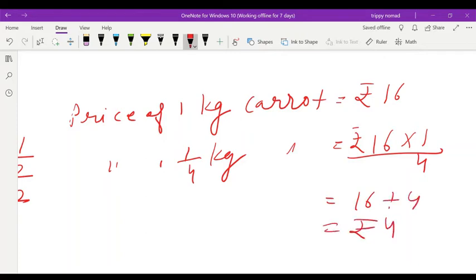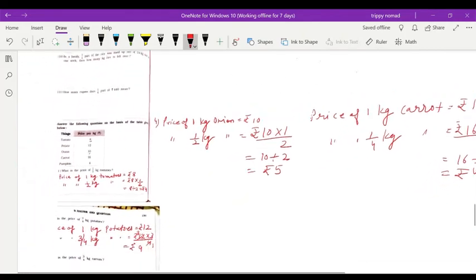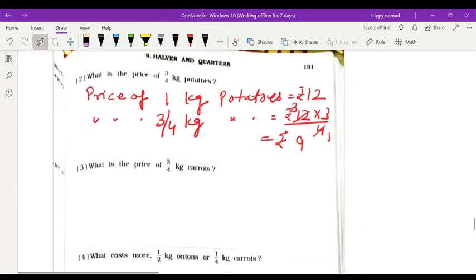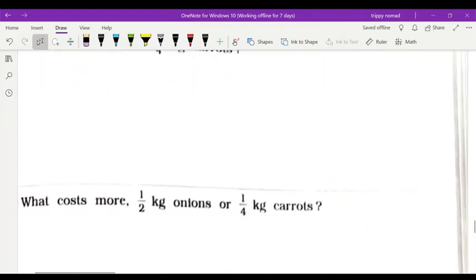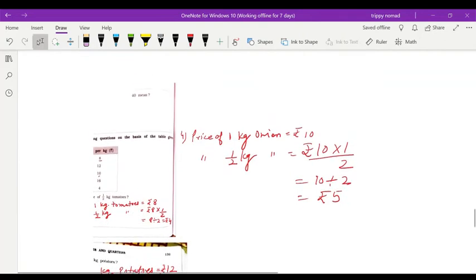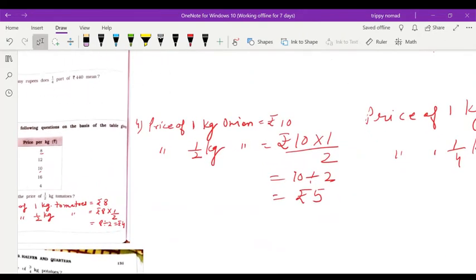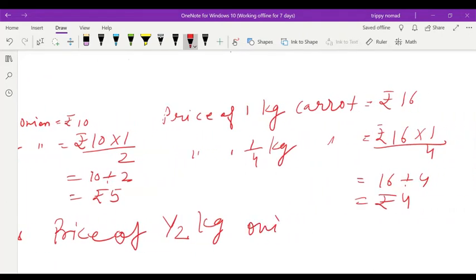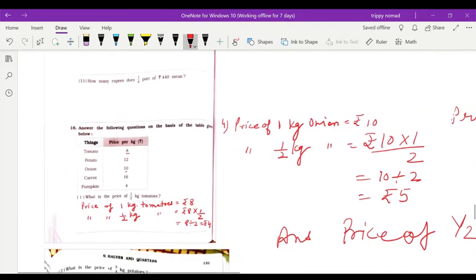I hope you understood. They asked what costs more. That means half kg onion will be more. So the answer is the price of half kg onion is more. This is the way you will get the answer.